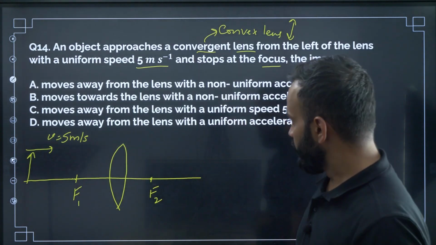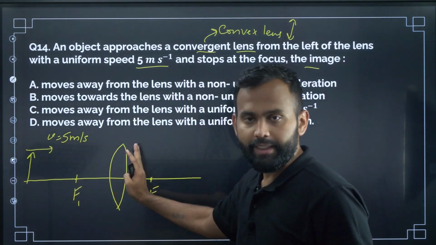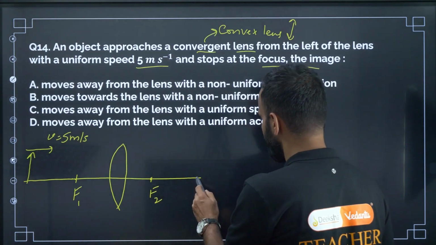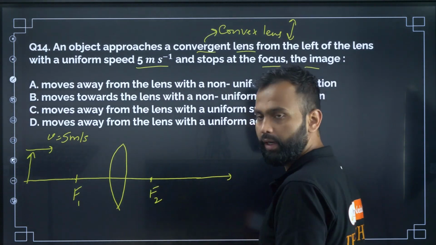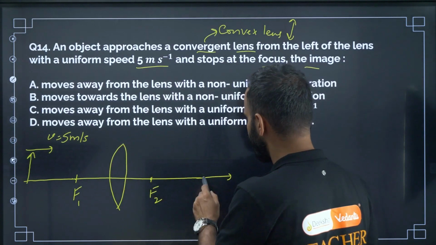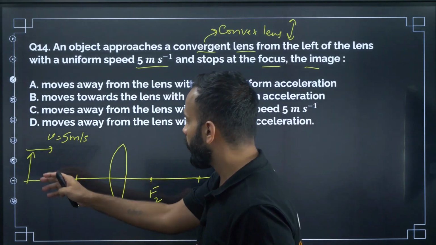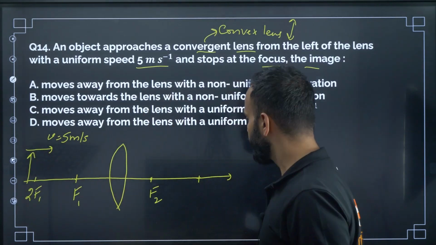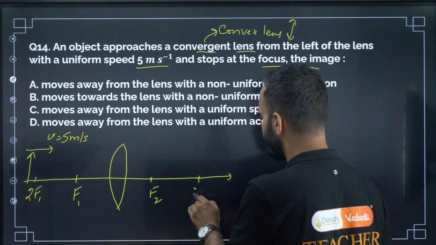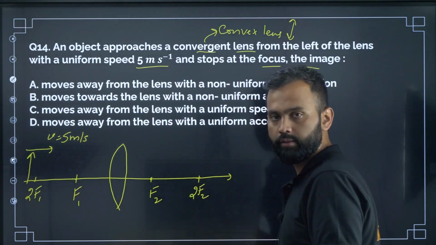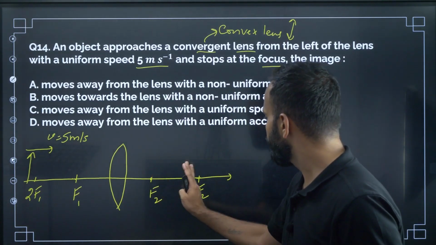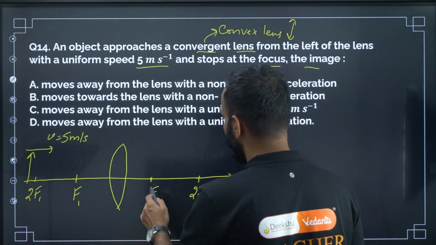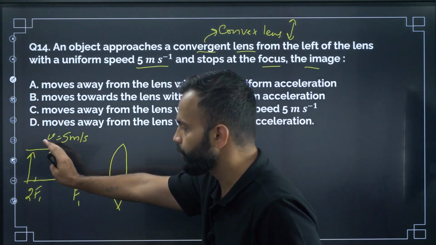As you move towards the lens, the image will start to move away from the lens. When the object is at 2f, the image will also be at 2f, so it is moving away from the lens. See here it's 5 meter per second.